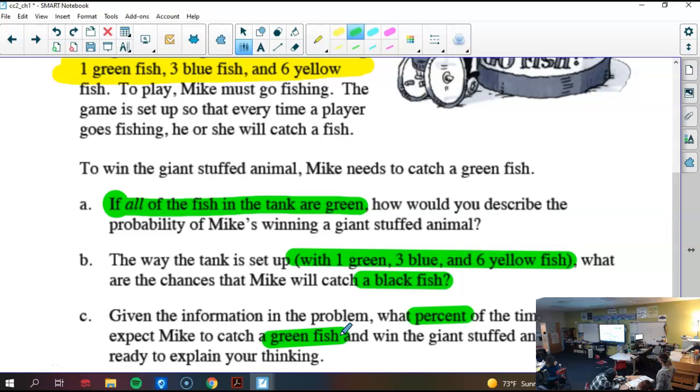The green one, right? Green gets the giant stuffed animal. So guys, think about B?